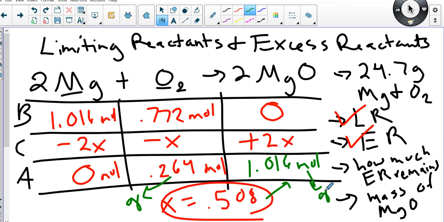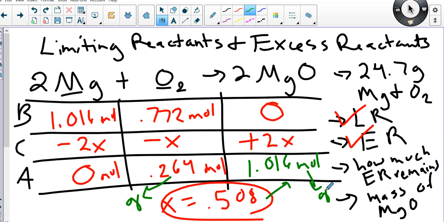Your grams of oxygen should be around 8.45. Is that what you got? Okay, and then your grams of magnesium oxide 40-ish. Okay, cool. You good?